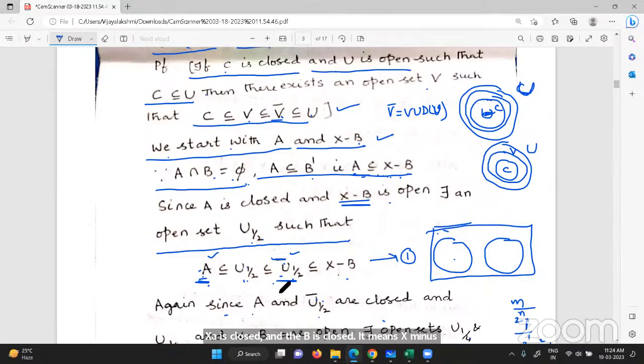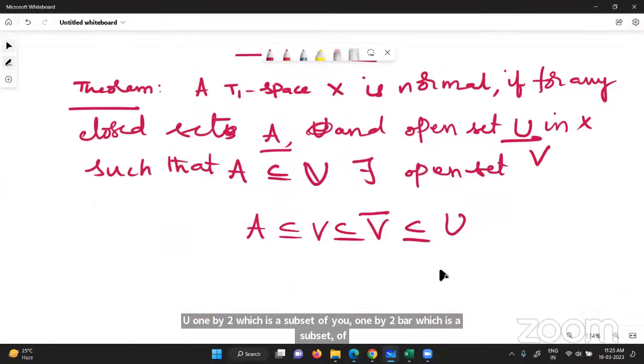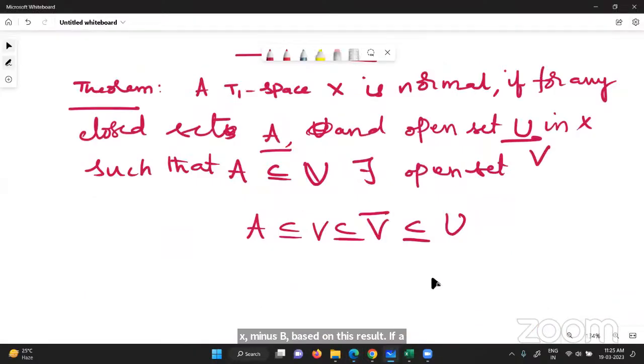So there exists a set U1 by 2 such that A is a subset of U1 by 2, which is a subset of U1 by 2 bar, which is a subset of X minus B, based on this result: if T1 space X is normal, then for given closed set A and open set U, there exists V such that A is a subset of V is a subset of V bar.